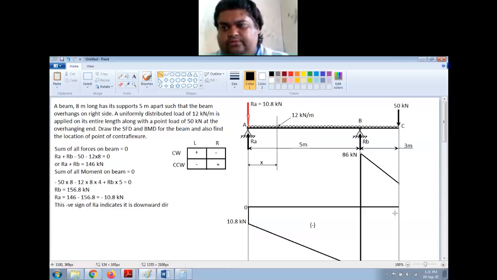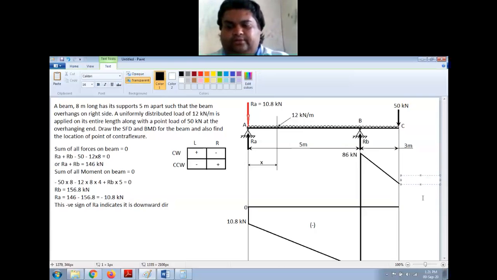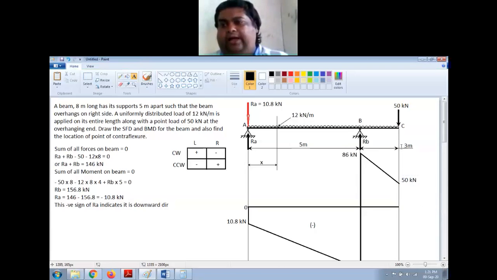So this point is 50 kilonewton. Now at this point I have a vertically downward force which is 50 kilonewton, which is acting down in this direction. So I will draw a line like this.